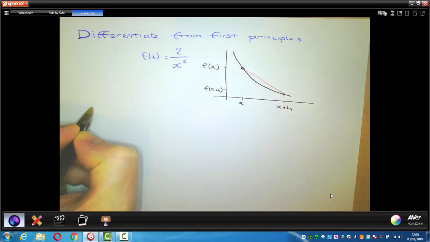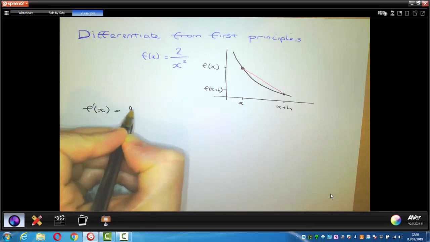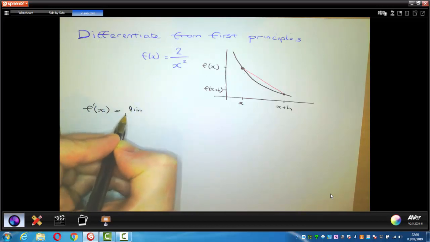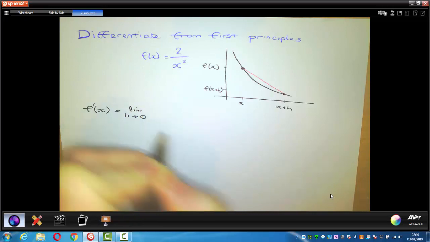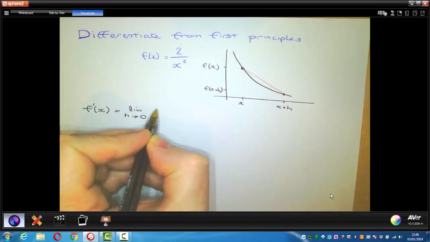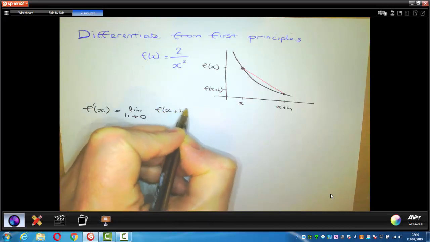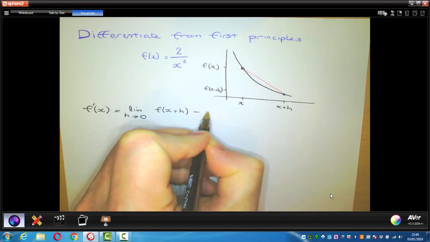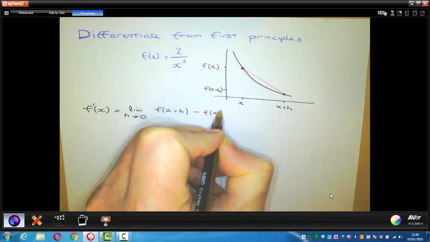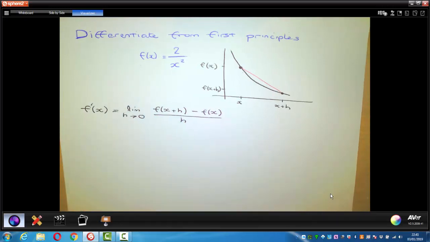It says that the derivative f dashed of x is the limit as h becomes very small and in fact goes to 0 of the function evaluated at x plus h minus the function evaluated at x, all divided by h.